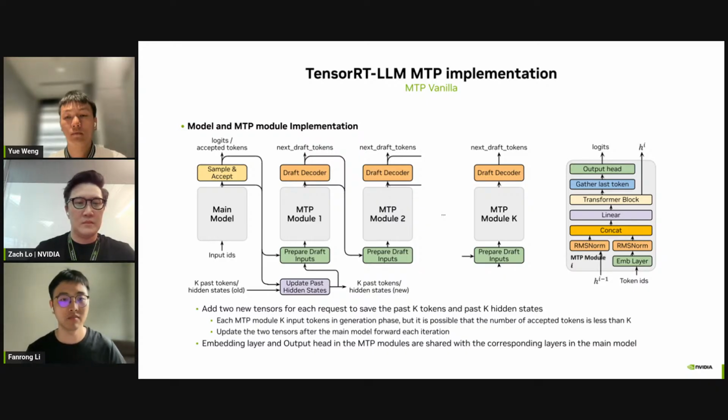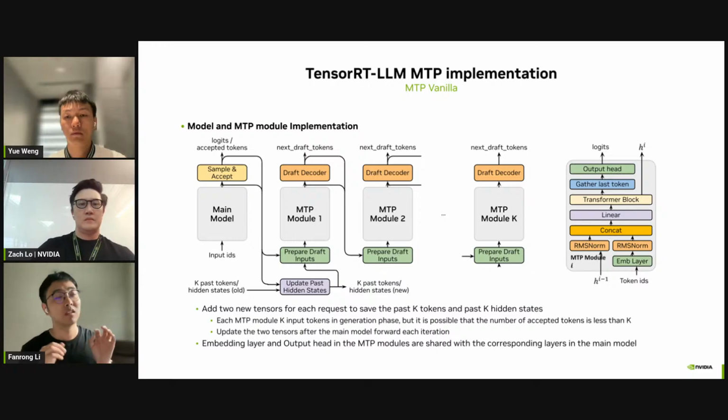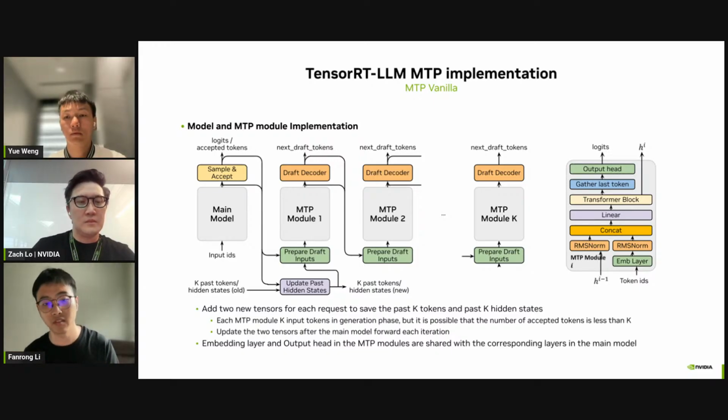Here we need to save the past tokens and hidden states. In this way, we can concatenate those old tokens and old hidden states to the current input, and then we get a total of k different tokens and hidden states as input to the MTP modules.